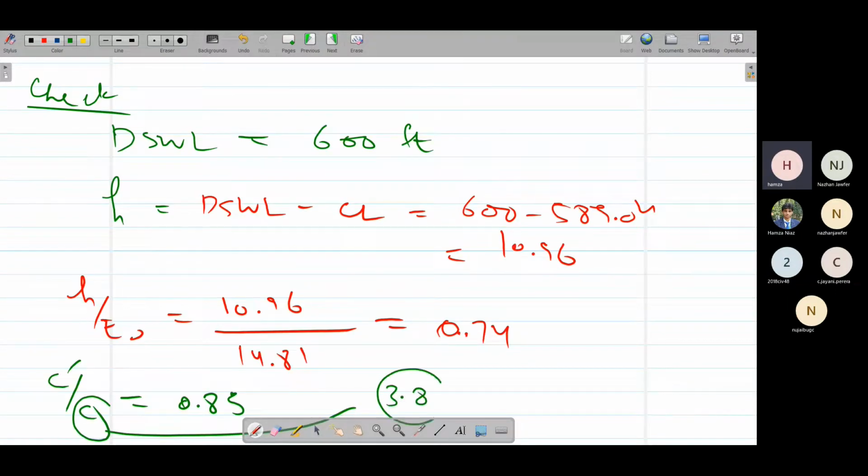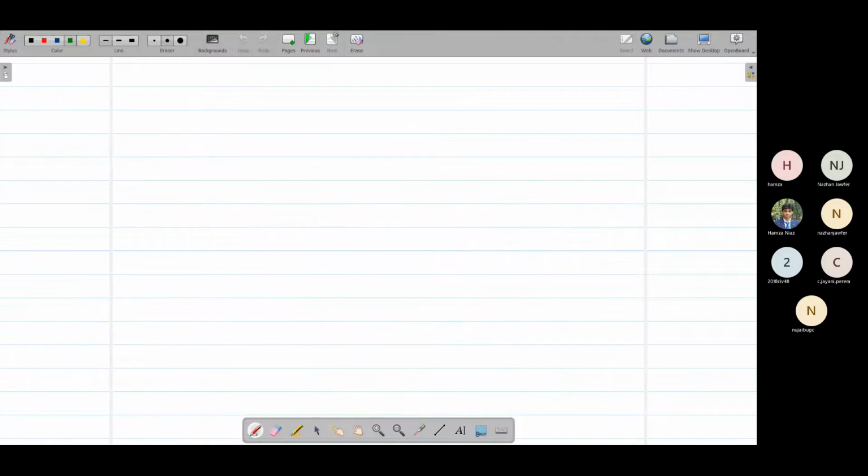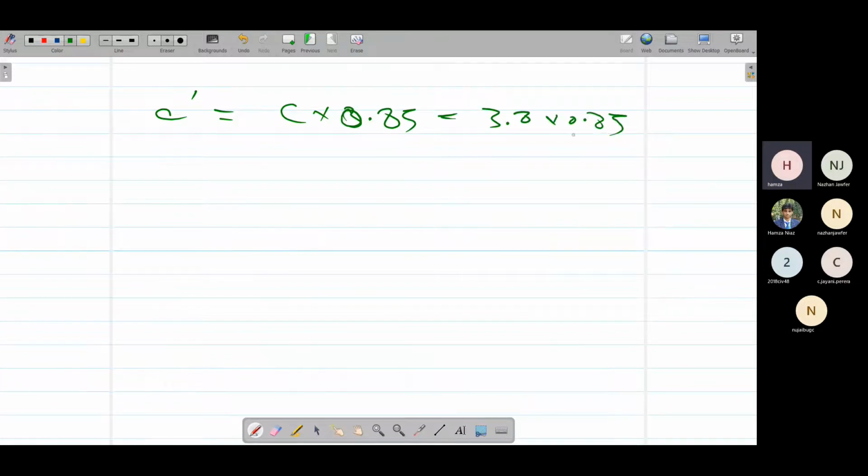We have to remember this C value: it is 3.8 for FPS units, approximately 2.02 for SI units. We only have to remember it for FPS, so it is 3.8. So our C dash value would be C into 0.85, or 3.8 into 0.85, which is approximately 3.23.